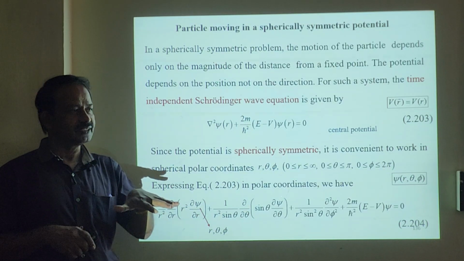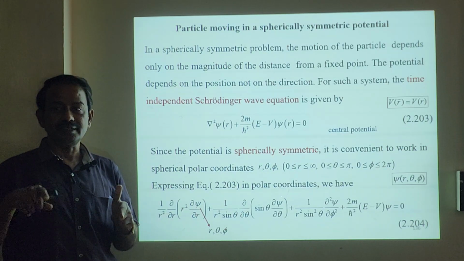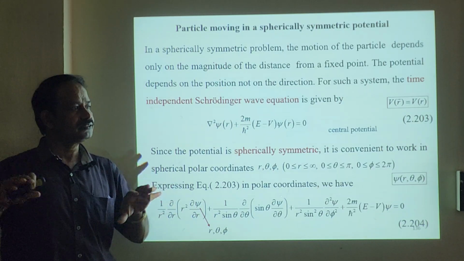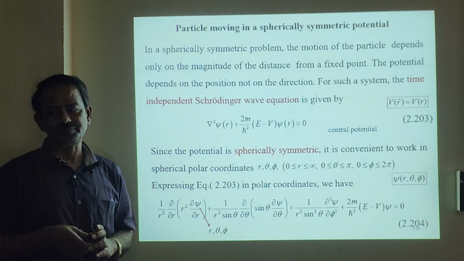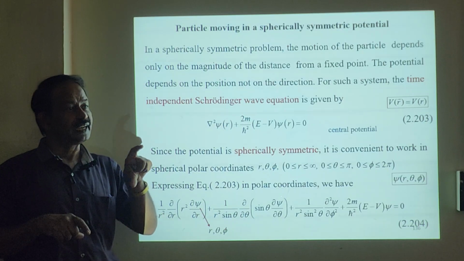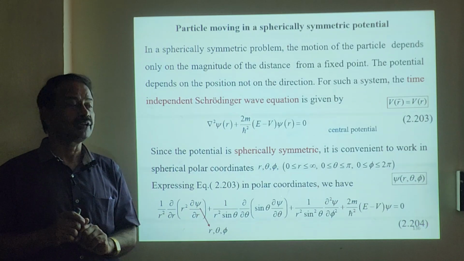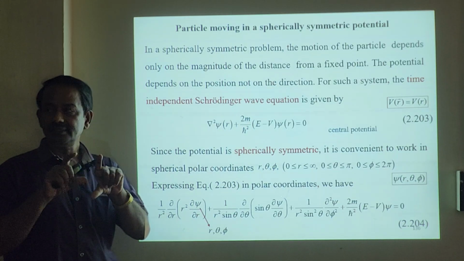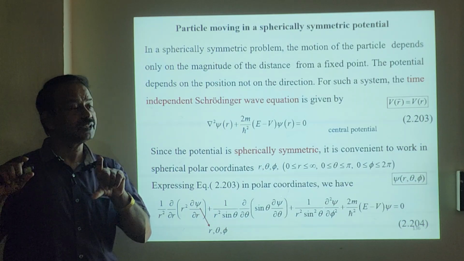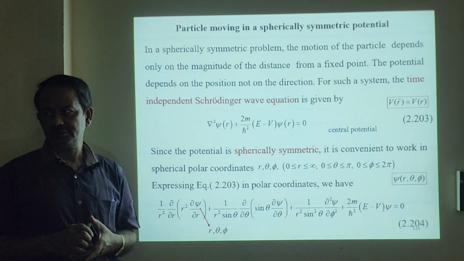So we can separate x, y, z into three coordinates, and spherical polar coordinates can also be divided into r, theta, phi, using the separation of variables technique. Now in r, theta, phi, r stands for the radial part, theta and phi both stand for angular parts. Theta is the polar angle, and phi is the azimuthal angle. That technique we are going to use.